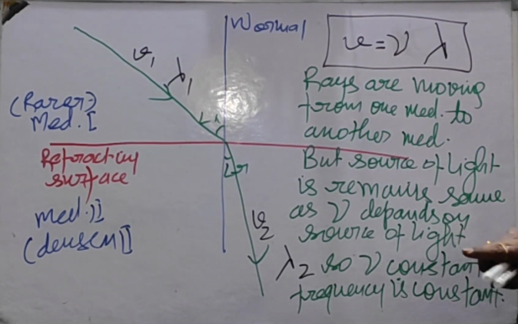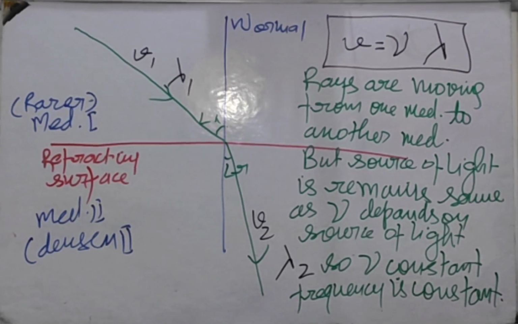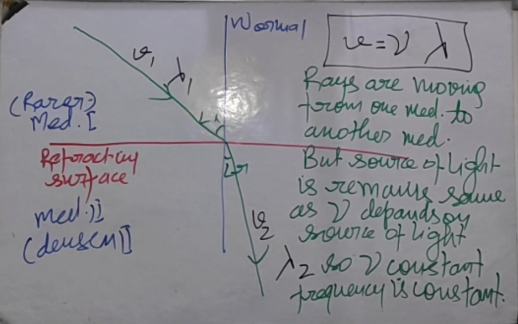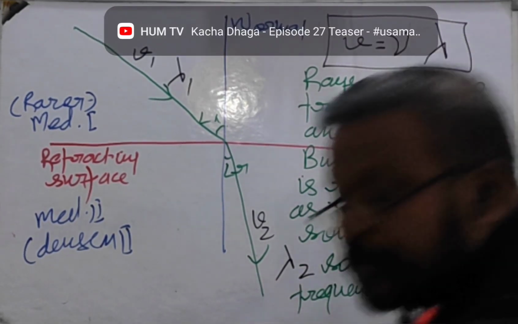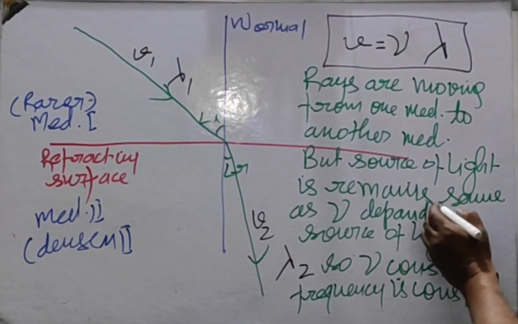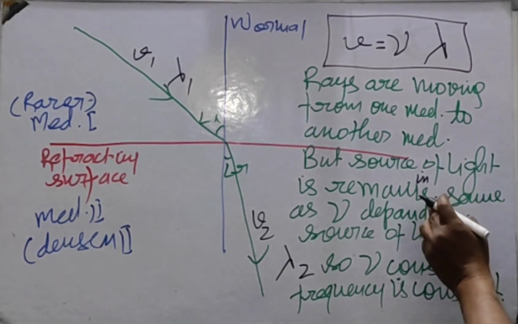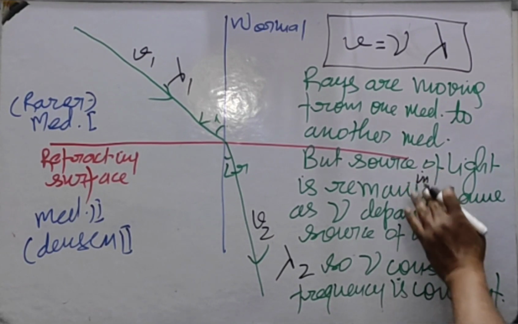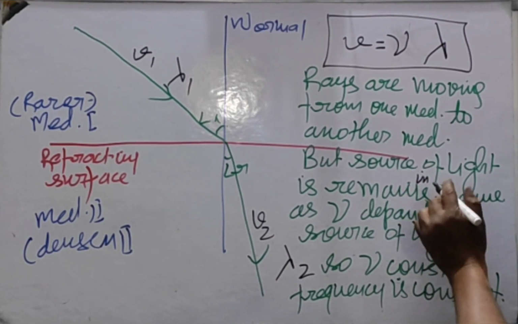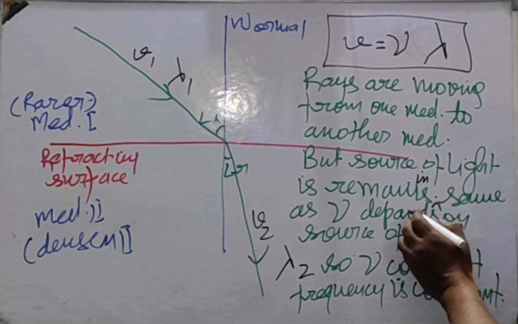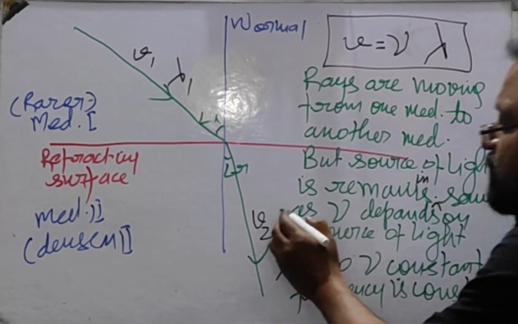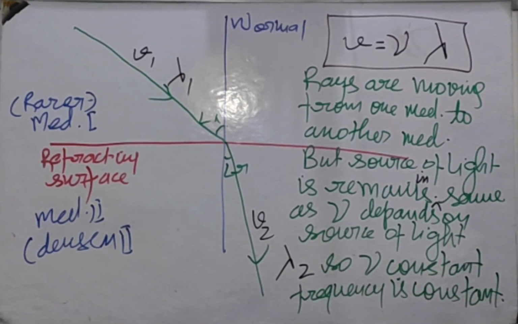Why does it happen? I hope you understand. Rays are moving from one medium to another medium, but the source of light remains in the same medium.